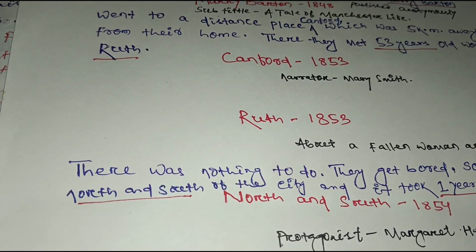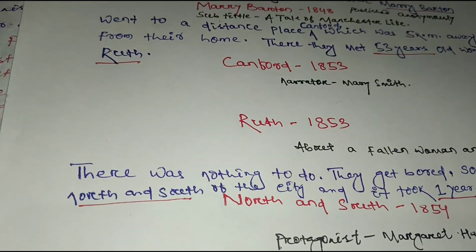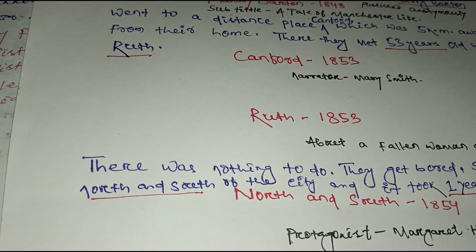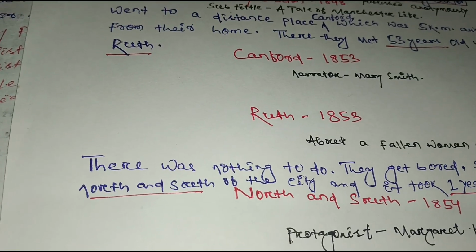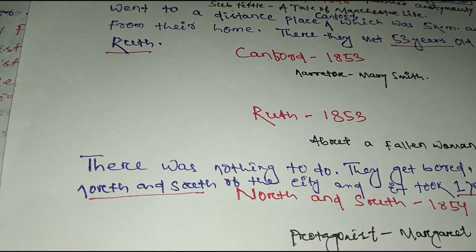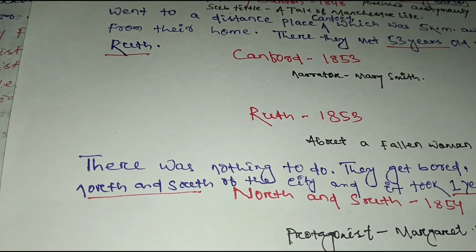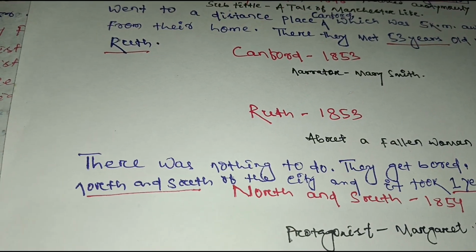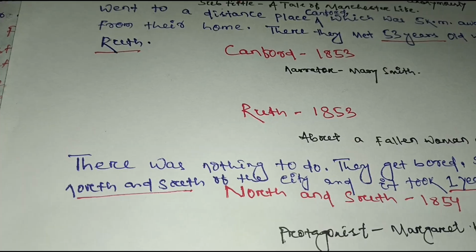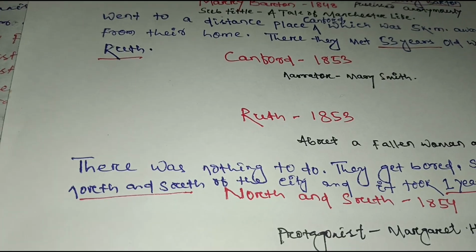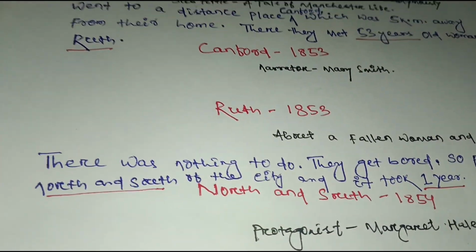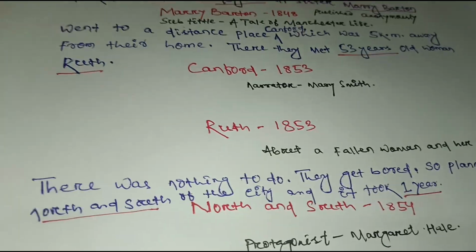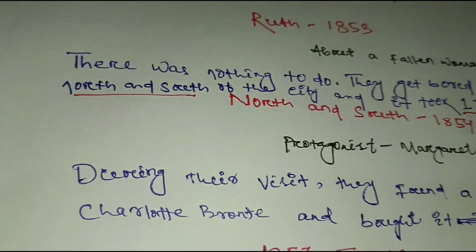It is set in the fictional industrial town of Milton in northern England, modeled on Manchester. The protagonist Margaret Hale witnesses the brutality of the Industrial Revolution during the first organized strikes in England. We have to keep these points in our mind.